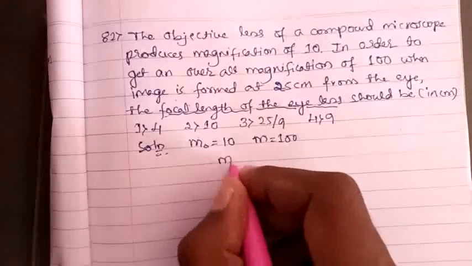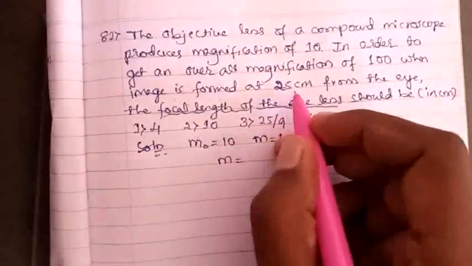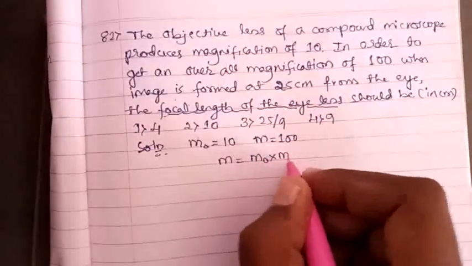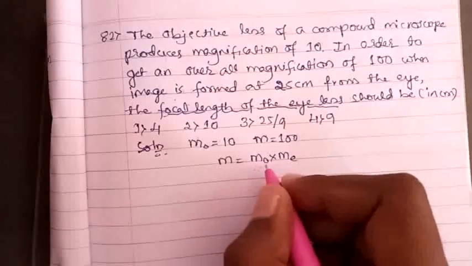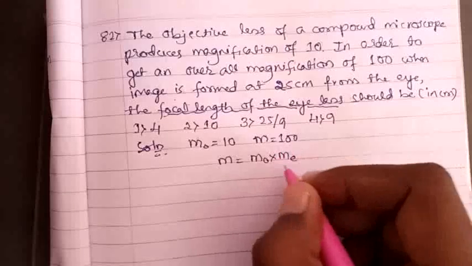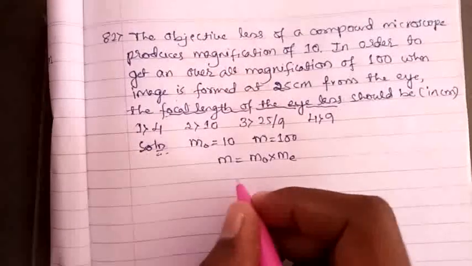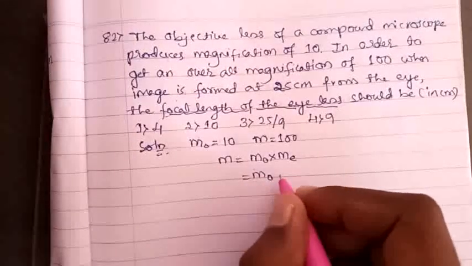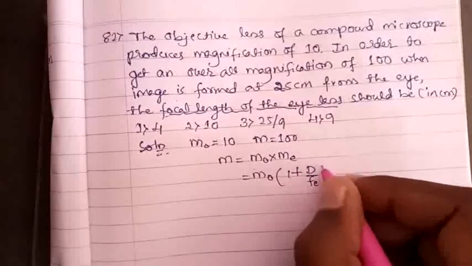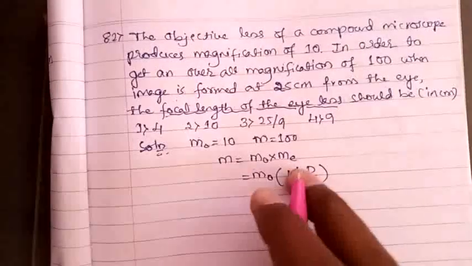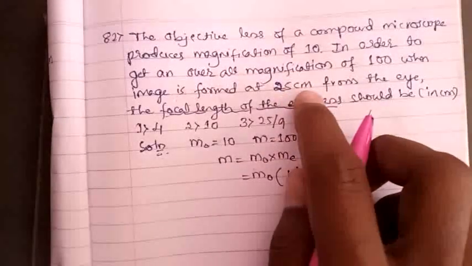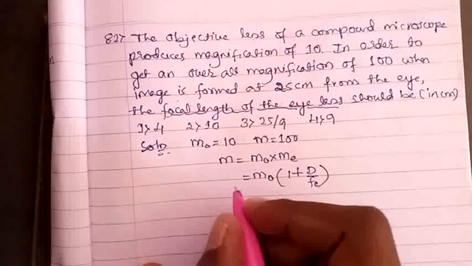The total magnification when the image is formed at the least distance of distinct vision is MO into ME. MO is the magnification produced by the objective lens. ME is the magnification produced by the eyepiece. The eyepiece acts as a simple microscope, so ME is 1 plus D by FE, because for the eyepiece the image is formed at the least distance of distinct vision, that is 25 centimeter. Then substitute the values, and you will get the answer.